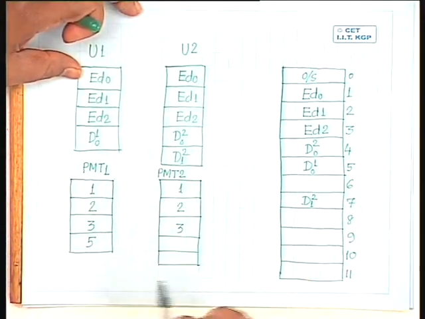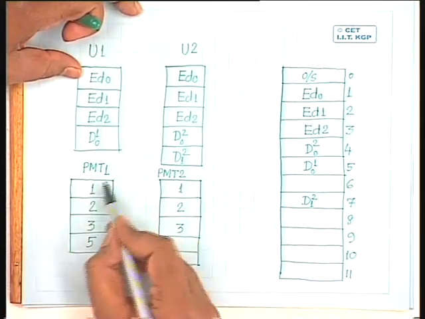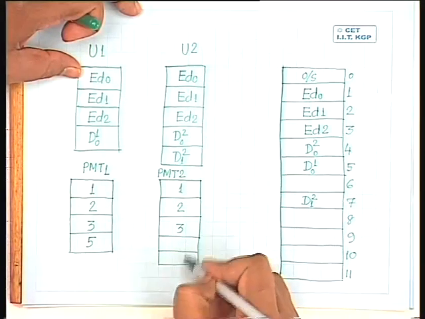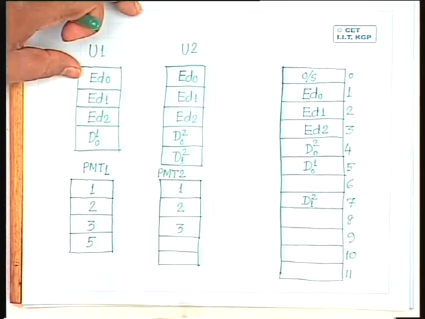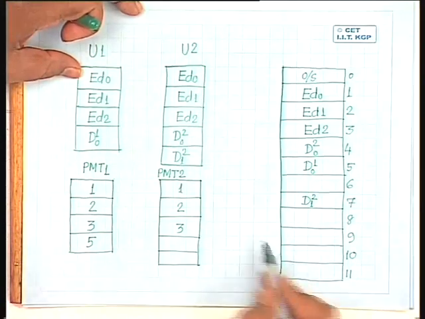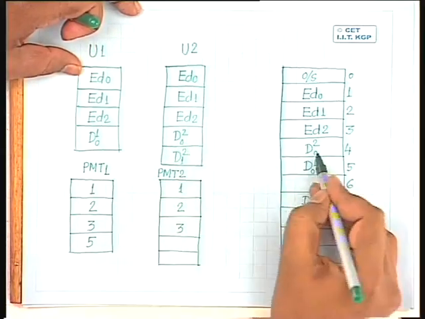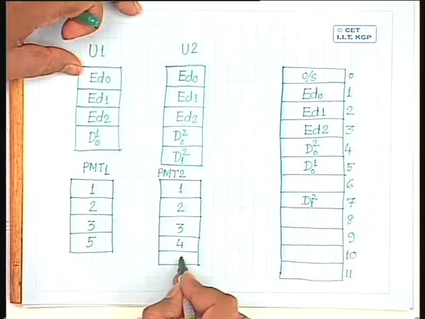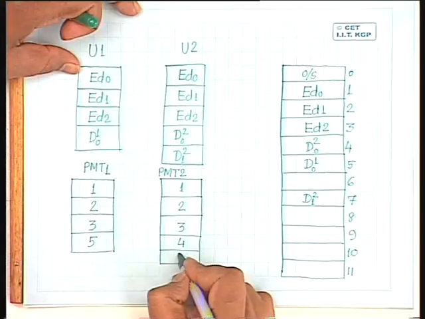So the first 3 entries in the page map table of user program 2 should be identical with the first 3 entries of PMT1. The next 2 entries will be different, because these 2 are local for user program 2. Okay. So this entry should contain the frame number where D02 is loaded, and that is frame number 4. And this should contain the frame number where D12 is loaded, and that is frame number 7.